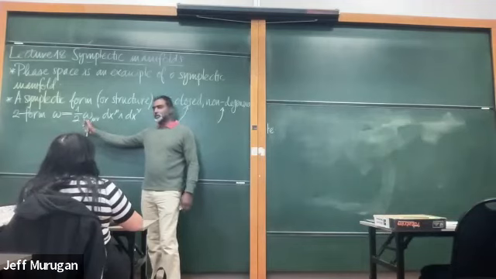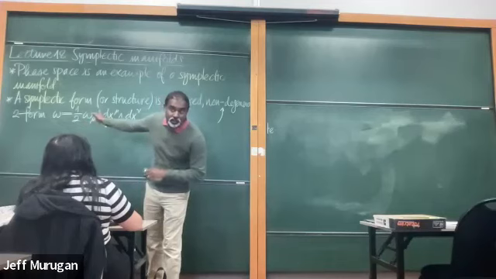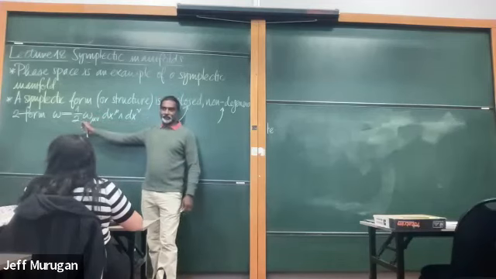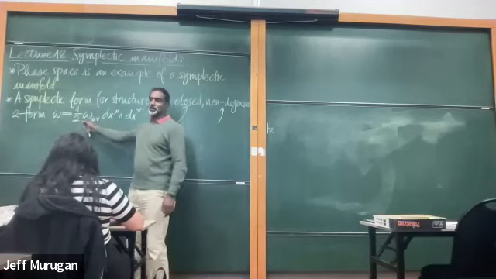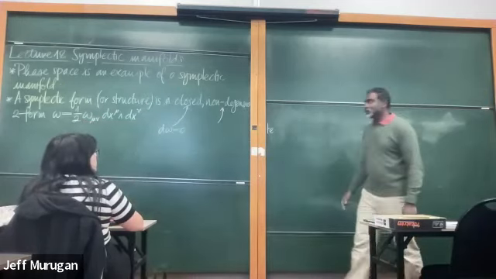What does a non-degenerate matrix mean? In the linear algebra sense. Invertible. It means that it's an invertible matrix. It means that the determinant of this matrix is not zero.